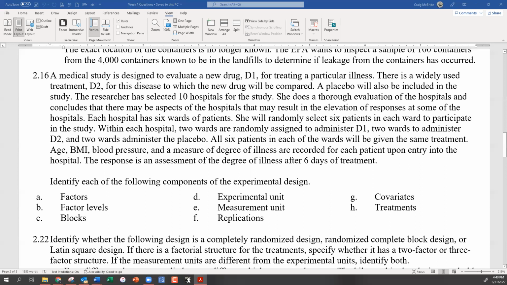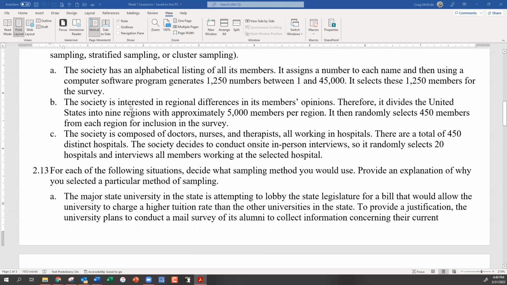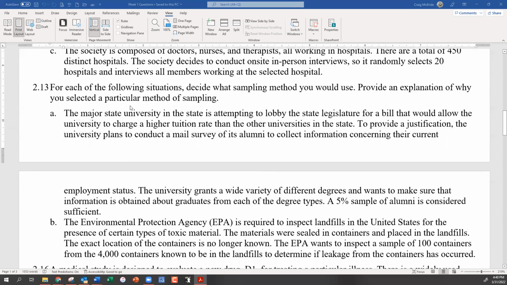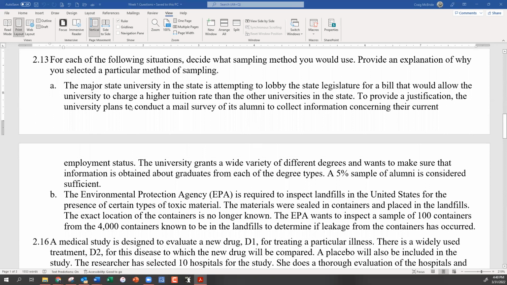Okay, 13. So what kind of measurements, right? What kind of sampling method would we use for each of these? A major state university in the state is attempting to lobby the state legislature for a bill that would allow the university to charge a higher tuition rate than other universities.